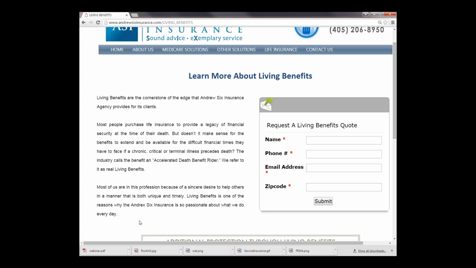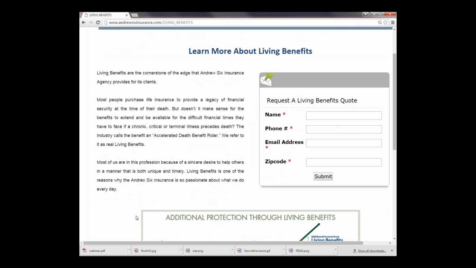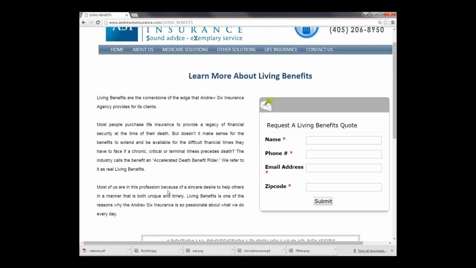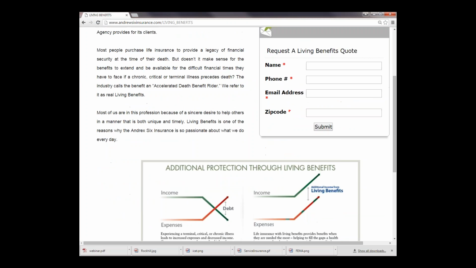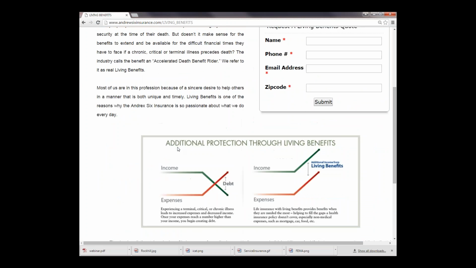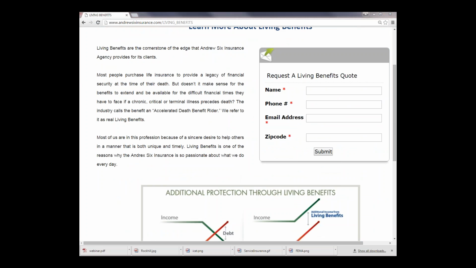Here's an example of a landing page I created recently about living benefits. I have a client who's been doing a lot of pay-per-click on Facebook and on Google. The landing page isn't anything amazing. It explains how he can help people with living benefits. Got a nice little graph here. But most importantly, it has a call to action where people can request a free consultation.